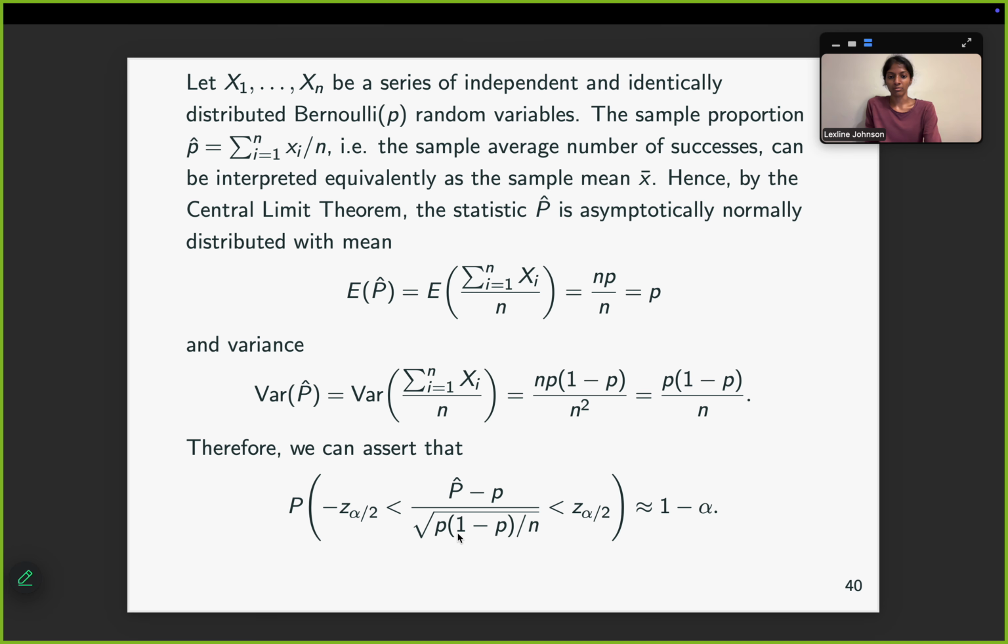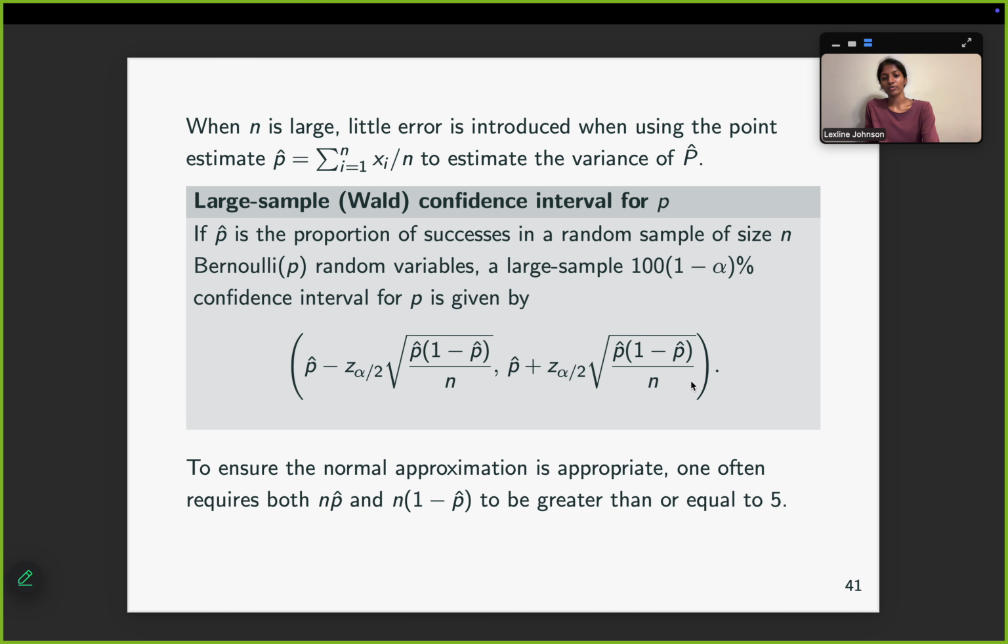If we just rearrange some of it, we can come up with this formula over here, and that's how we can find the confidence interval of our proportion for our population using our alpha value. So our confidence level would be the percent of 1 minus the alpha value times 100. And we can use this formula to find our confidence interval.